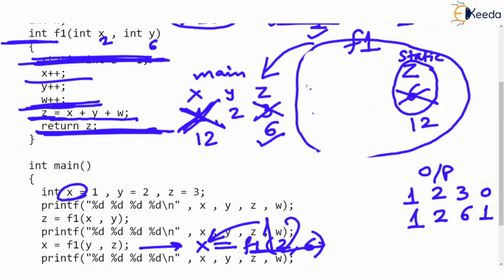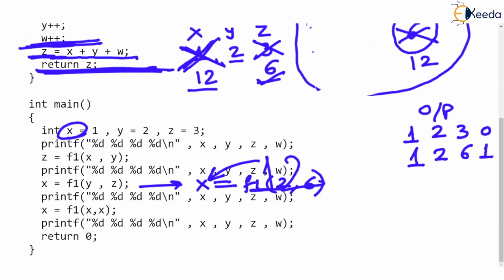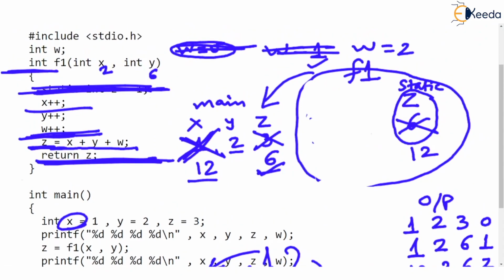Of course, main now has X equal to 12, Y equal to 2, and Z equal to 6. So obviously when we resume in main, look, we are printing X, Y, Z, W. But X is 12, Y is 2, Z is 6, and remember W is 2. Global W has changed to 2.